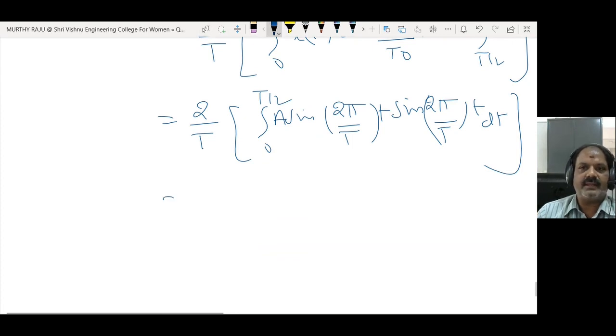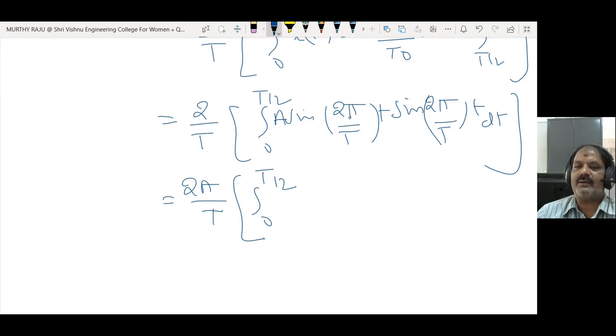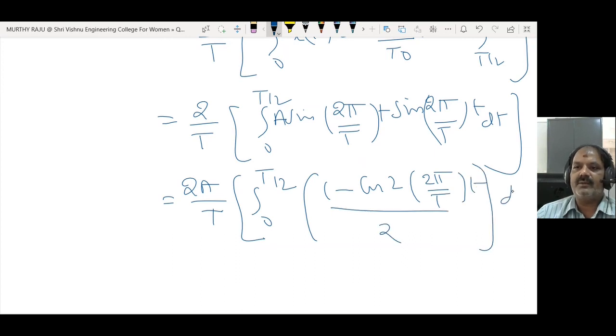That is equal to 2A by T integral 0 to T by 2 of sine square of 2 pi by T into t, which is 1 minus cos 2 theta by 2. That is 1 minus cos 2 pi by T t by 2 into dt.